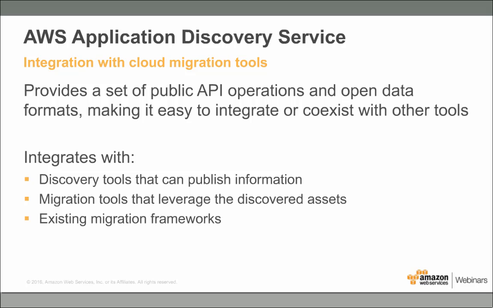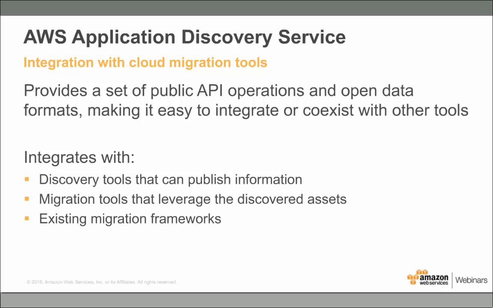It provides you a very rich set of public API operations and open data formats. And that's what really enables it to coexist with other tools. It can integrate with any existing discovery tool that you have running in your environment, and you can have your existing tool publish information into the AWS Discovery Database.